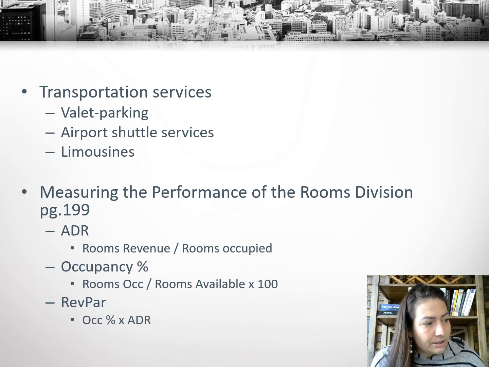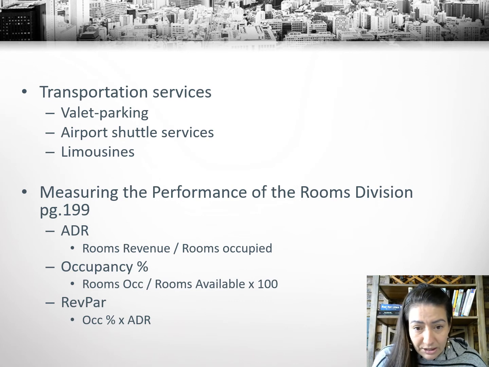Okay, so on Monday there were 170 rooms occupied, but they have 200 rooms. So to work out the occupancy percentage, you take the rooms occupied, 170 rooms were occupied.